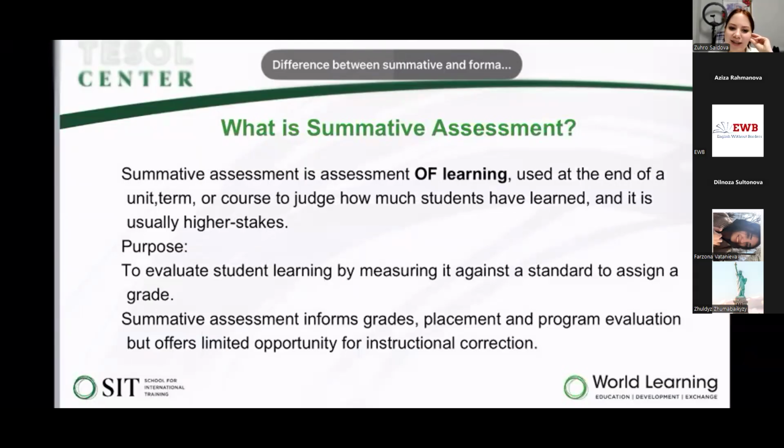How do you understand instructional correction? Can anyone unmute or write in the chat what is instructional correction? This last phrase? What is instructional correction?